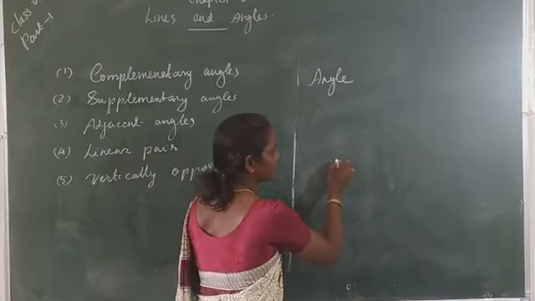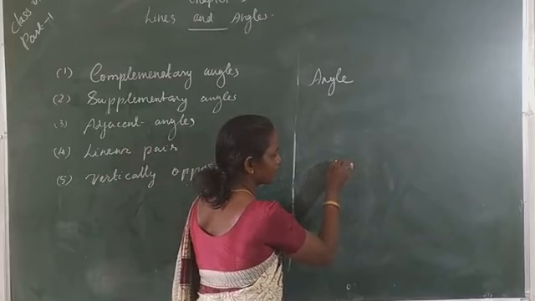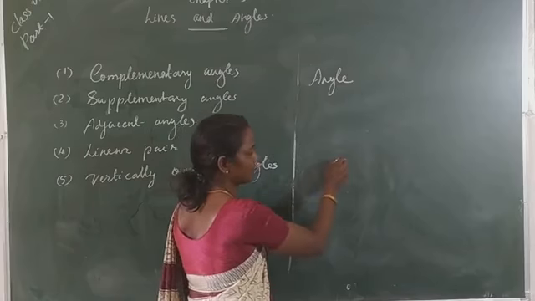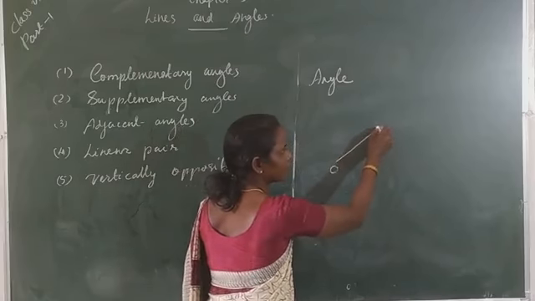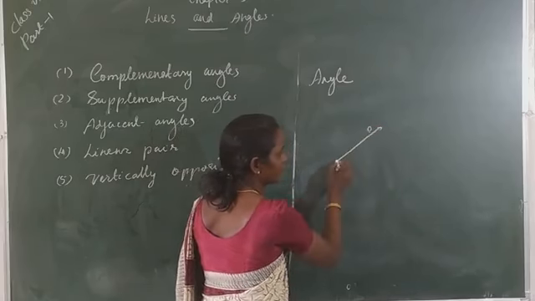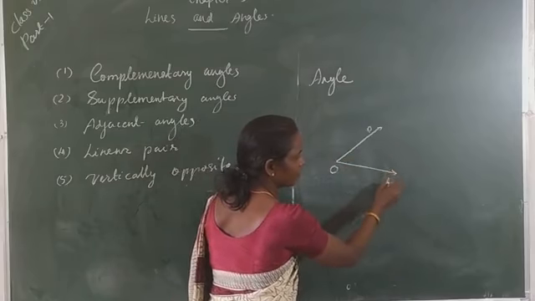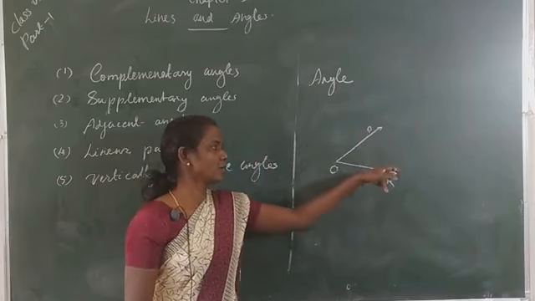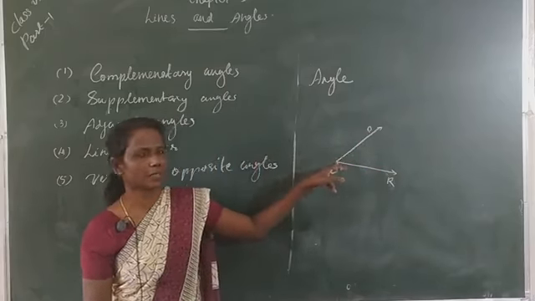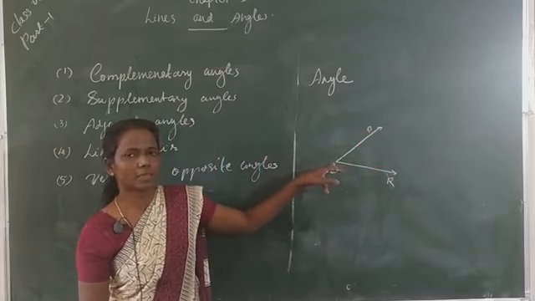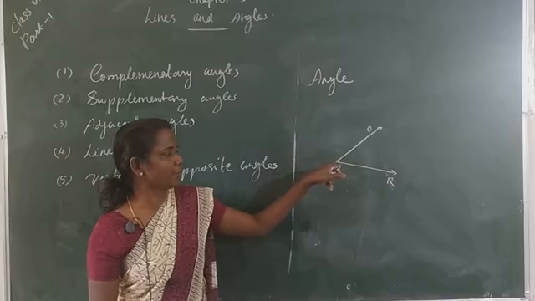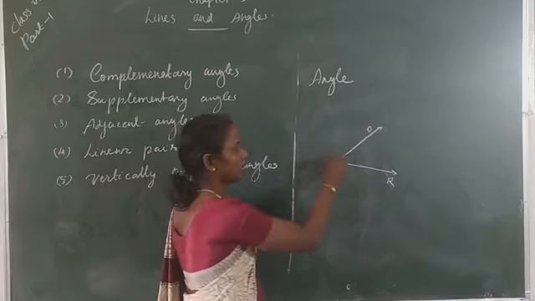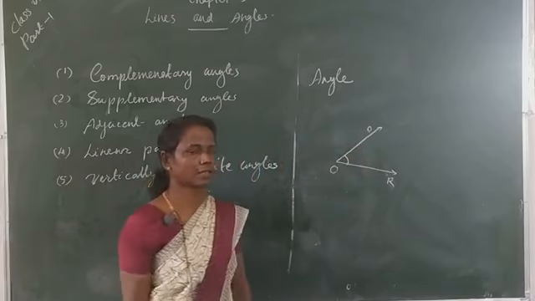Look, these two rays, ray OP and ray OR, originate from the same point O. So these two rays form an angle.